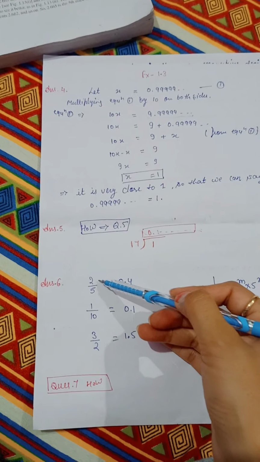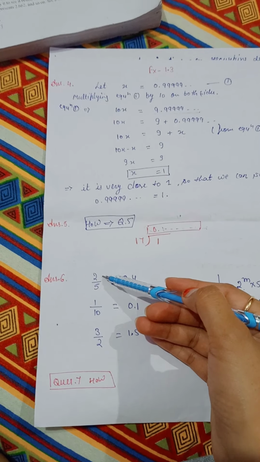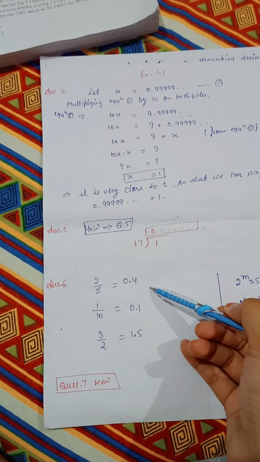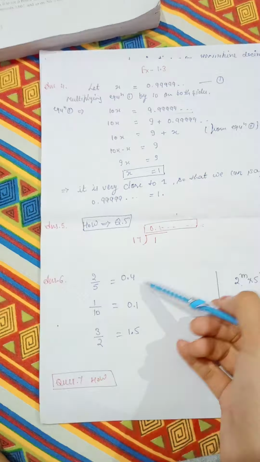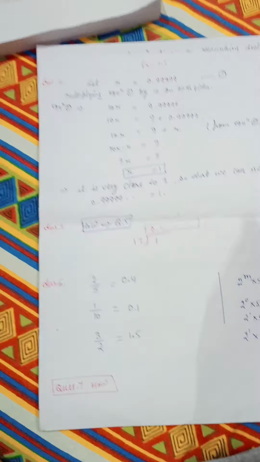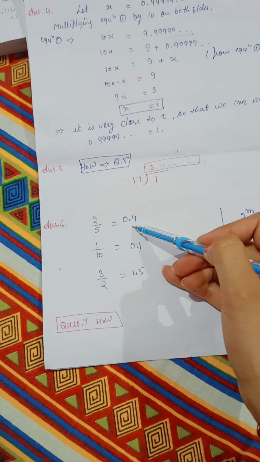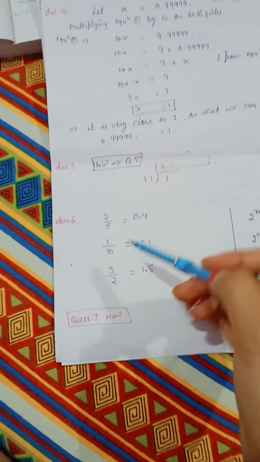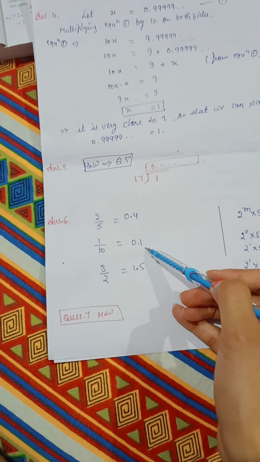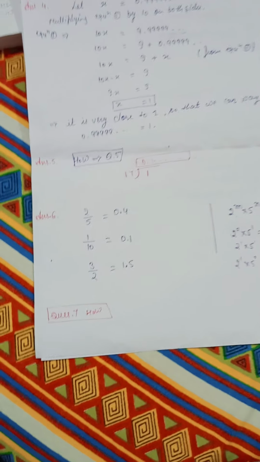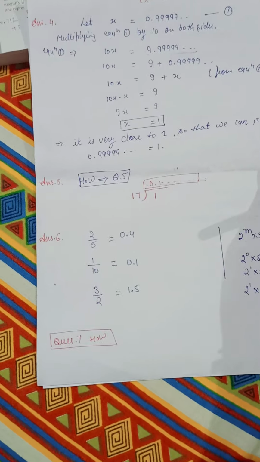So rational numbers of the form p upon q which give a terminating decimal expansion, like 2 upon 5 is equal to 0.4, it is terminating. 1 upon 10 is equal to 0.1, it is also terminating. 3 upon 2 is equal to 1.5, it is also terminating.